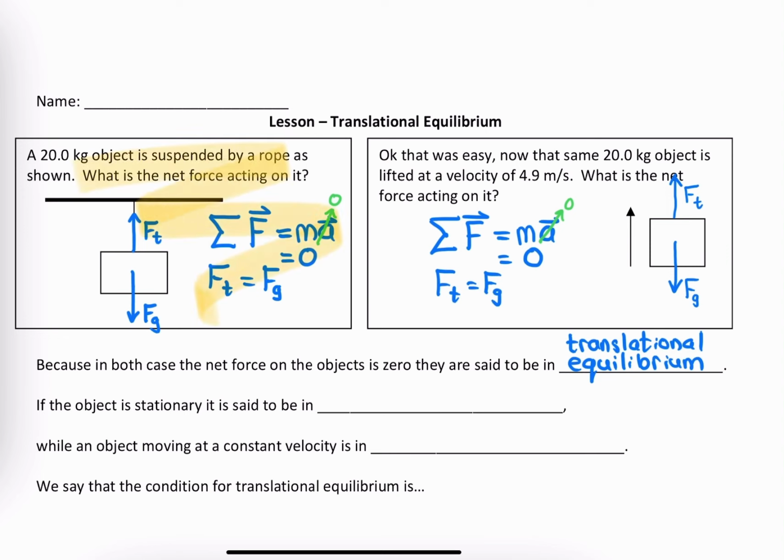In this scenario, where the object is stationary but in equilibrium, we say it's in static equilibrium. And in this case, where the object is moving, albeit with constant velocity, but in equilibrium, we say it's in dynamic equilibrium. So static and dynamic equilibrium.